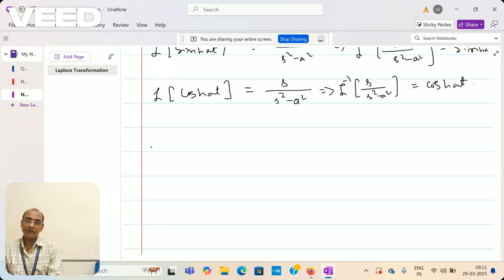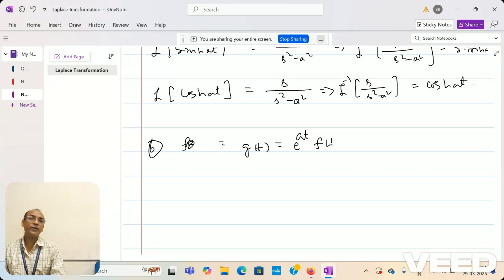Another thing I will say here: suppose I have g of t equal to e to the power at into f of t. Then the Laplace transformation of g of t is equal to the Laplace transformation of e to the power at into f of t.